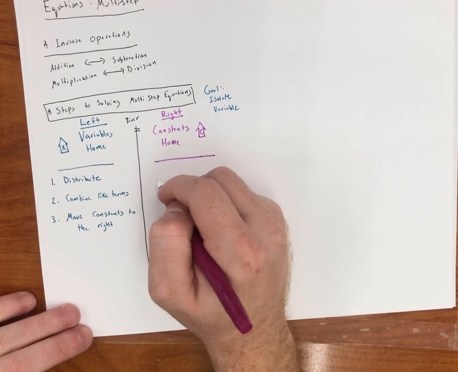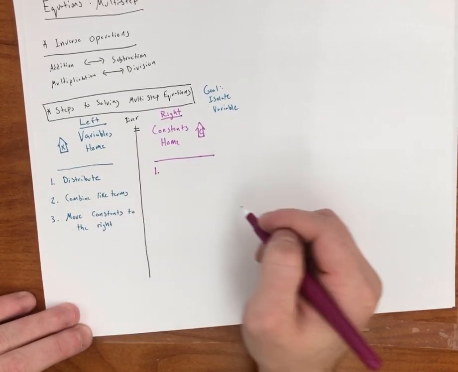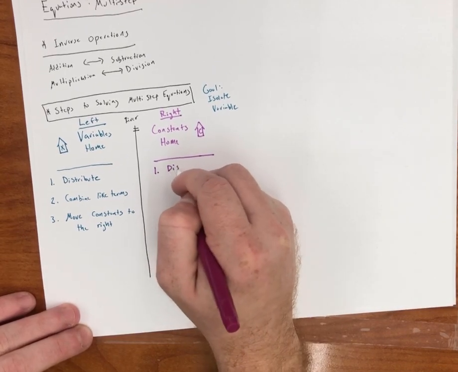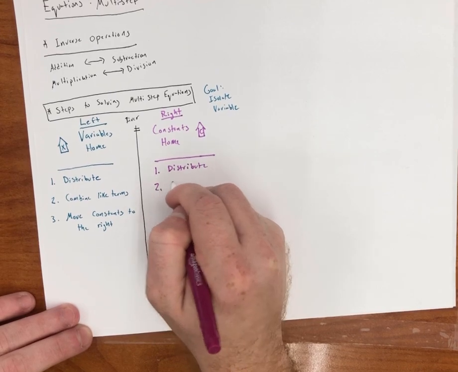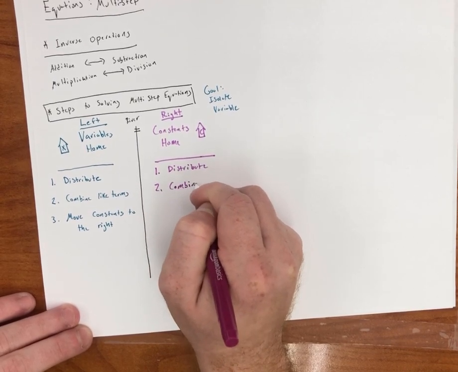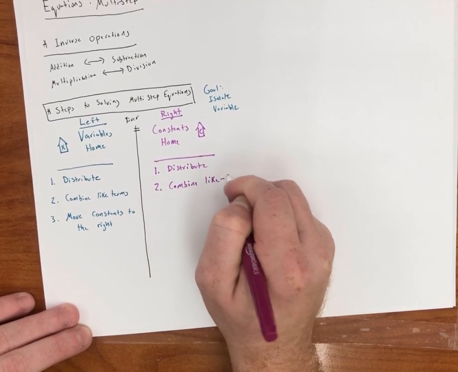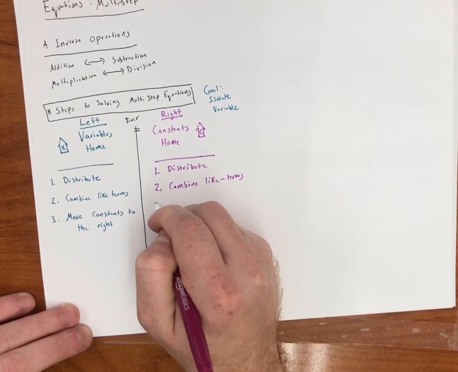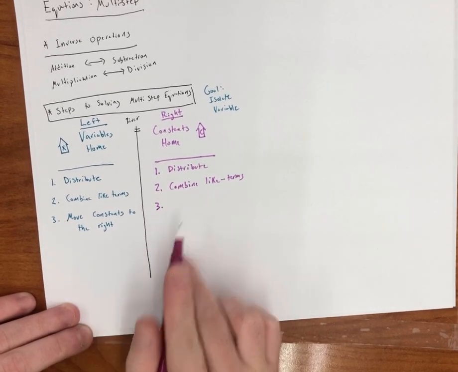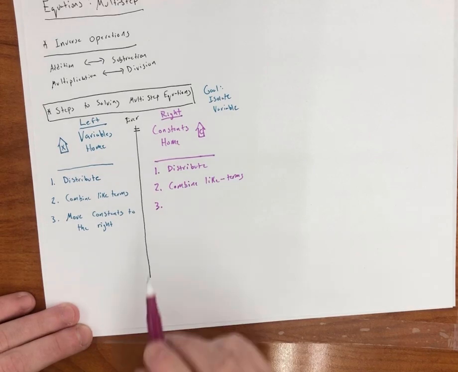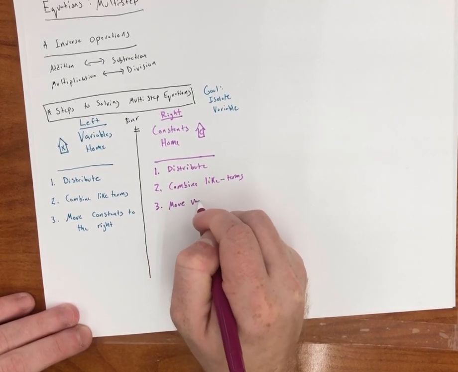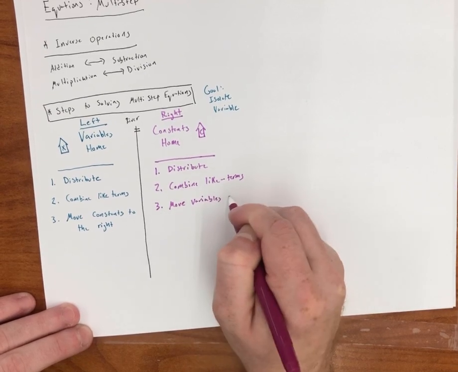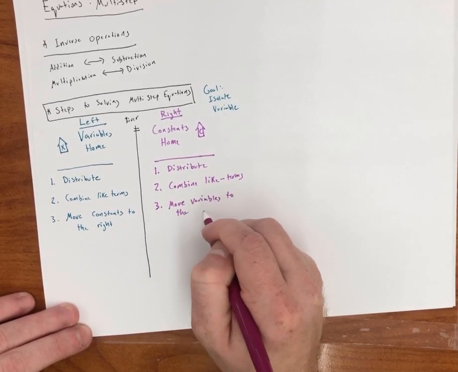The first step that we have to do on the right side is the same exact thing we would do on the variables home. We have to distribute. Then we would have to combine our like terms. And then on this side, if we're moving constants to the right, I'm hoping that you're thinking that we need to move our variables to the left.